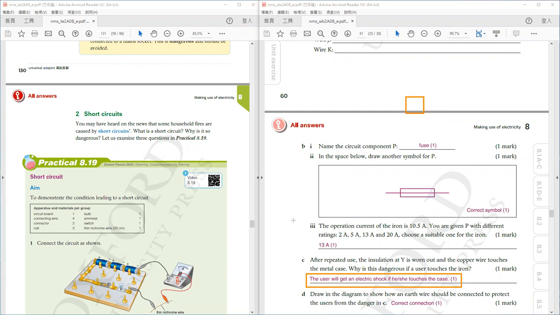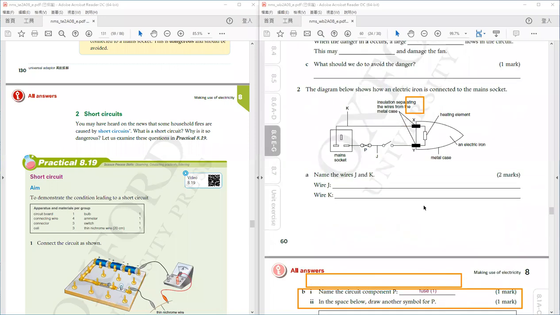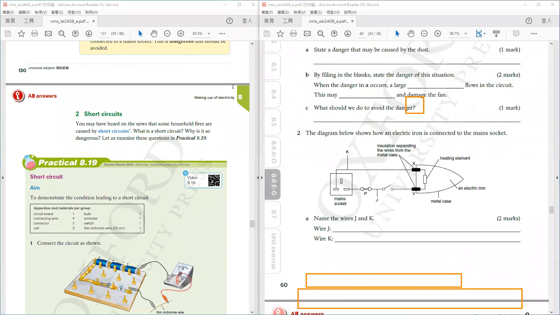Therefore, the user may get an electric shock. And so we should draw an earth wire to protect the user. To draw this, we connect the metal case to the earth plug.